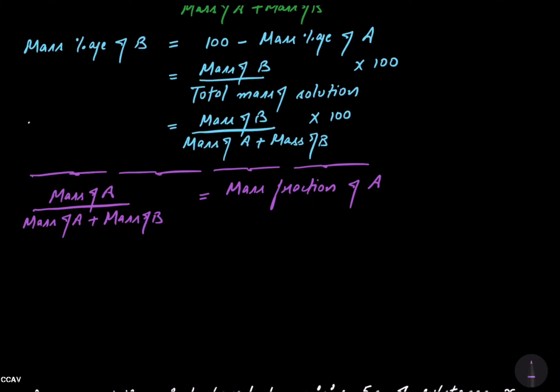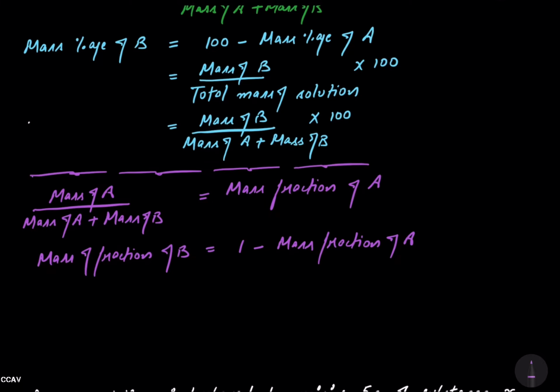So the mass fraction of B will be equal to 1 minus the mass fraction of A. I'm repeating again that in case of percentage, the maximum is obviously 100, and in case of fraction, the maximum is only 1. So that's why I have to subtract the mass fraction of A from 1.